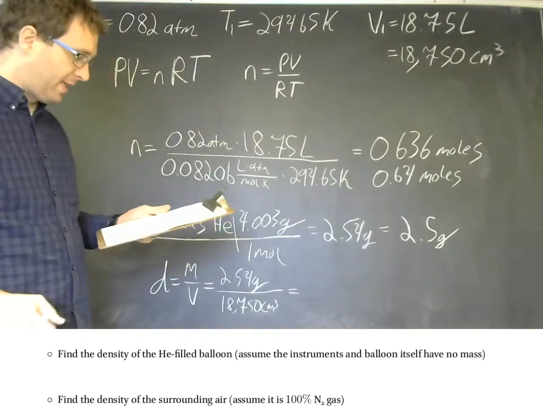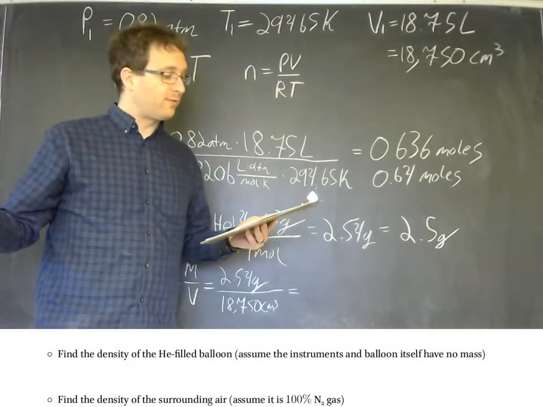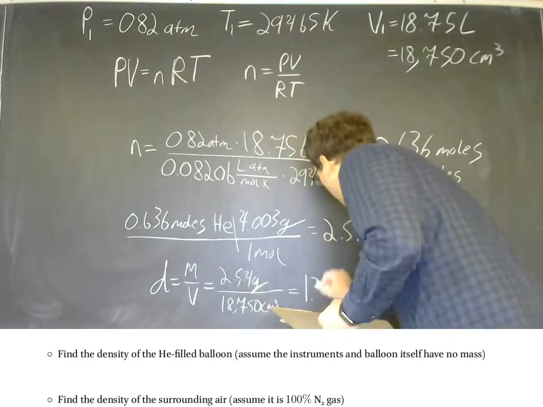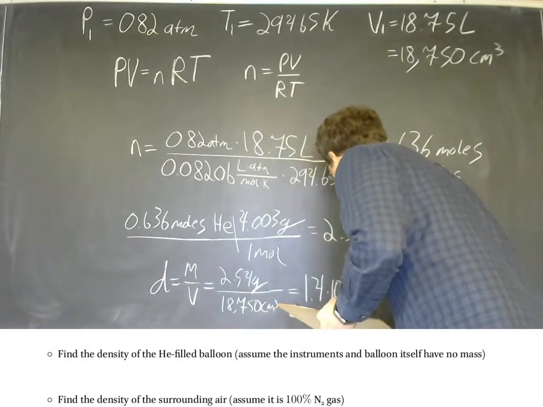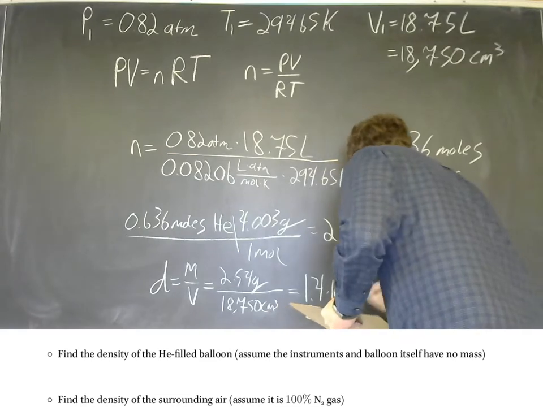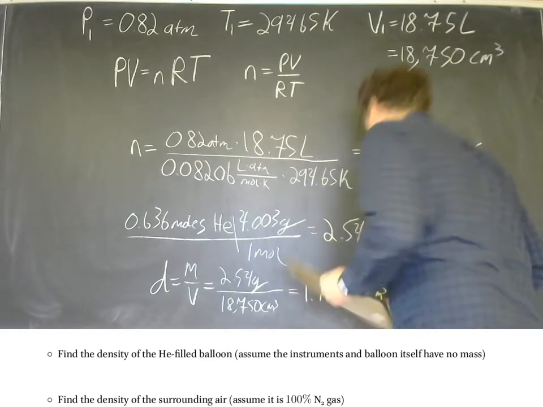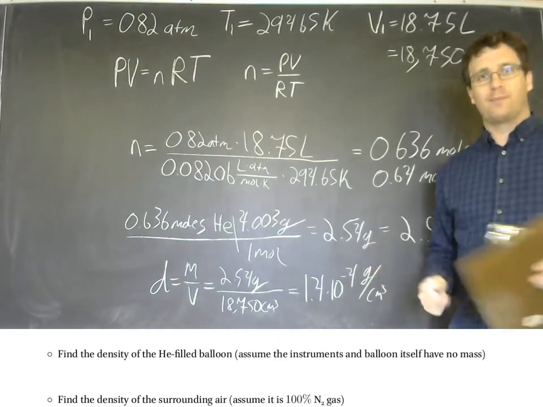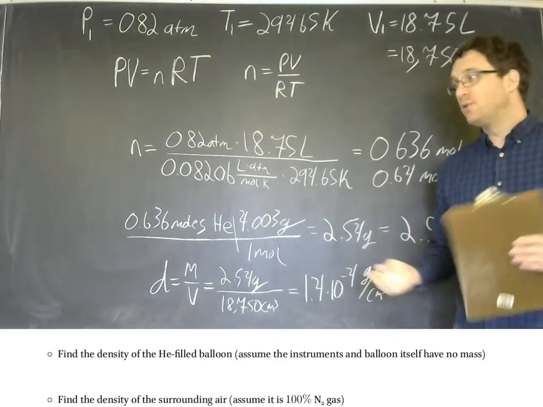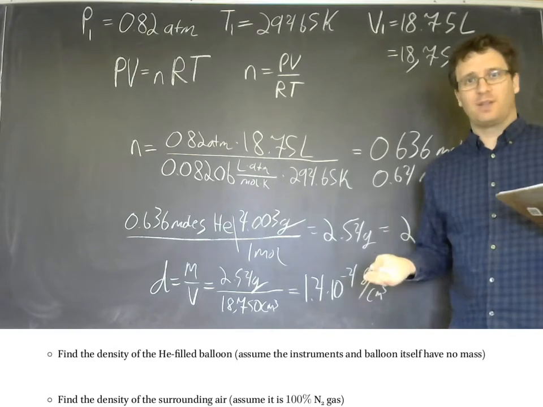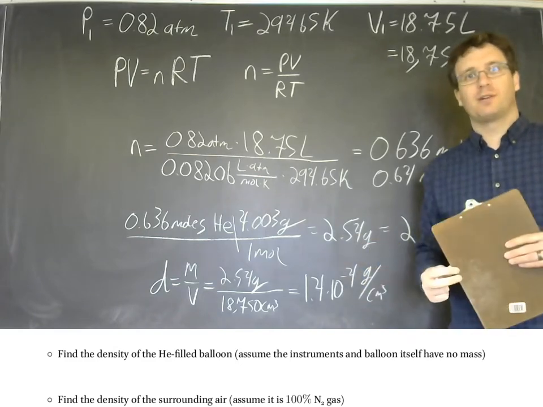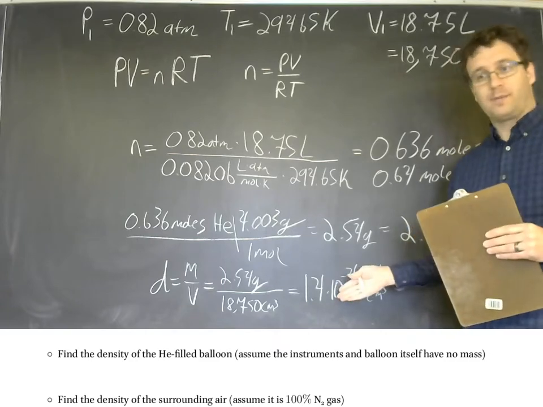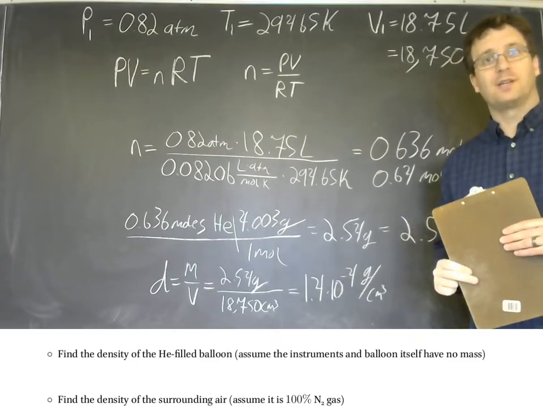And that ends up being 1.4 times 10 to the negative 4th grams per cubic centimeter. And as a reference, water is about 1 gram per cubic centimeter. Metals can be several grams, up to like 20 grams per cubic centimeter for some of the heaviest metals. And so helium gas has a very low density compared to those things.